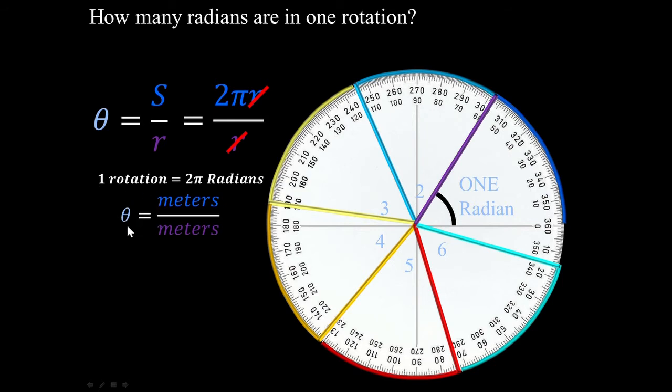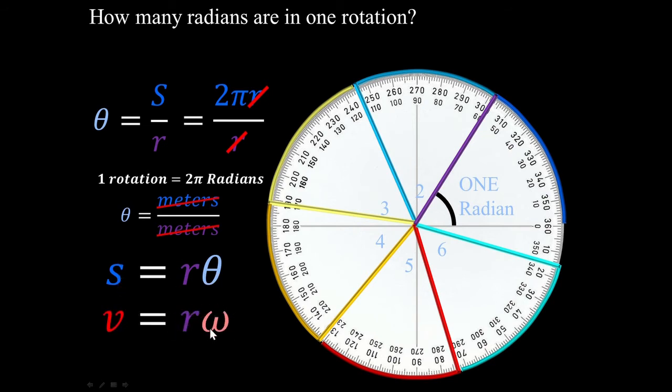And the neat thing about doing it in radians is if we take the length of the arc, we measure it in meters, the length of the radius we also measure in meters, it cancels out so that the angle isn't really a unit. We call it 1 radian, but radians is a unitless unit. The advantage to that is if this is measured in meters, we multiply by a thing that doesn't have any units, we could get a distance measured in meters.